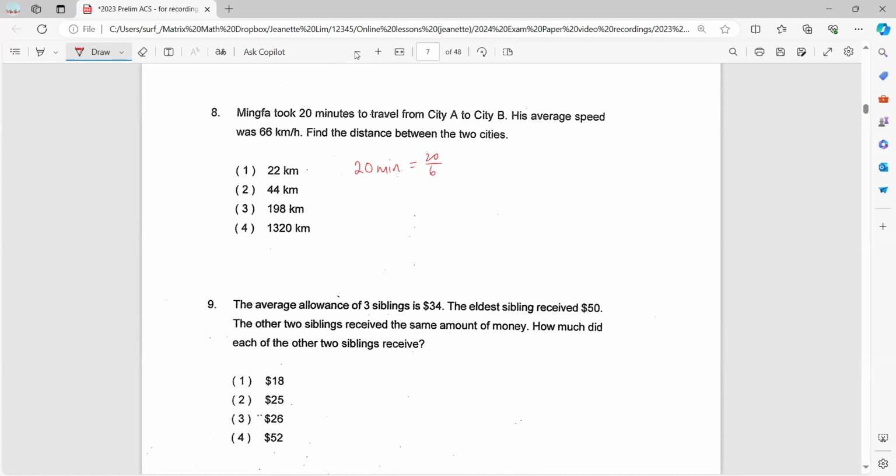So 20 over 60 hours, which is 1/3 of an hour. So distance equals speed times time. Speed is 66 times the time, which is 1/3. So it's the same as 66 divided by 3, which is 22. Okay, so answer is 22 km. So that's the distance between the two cities.